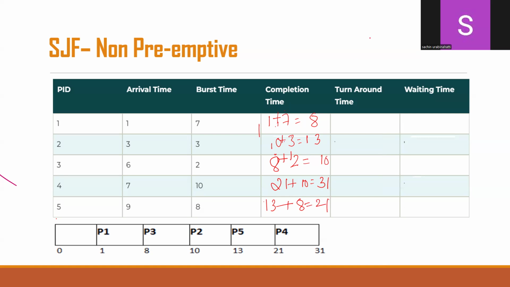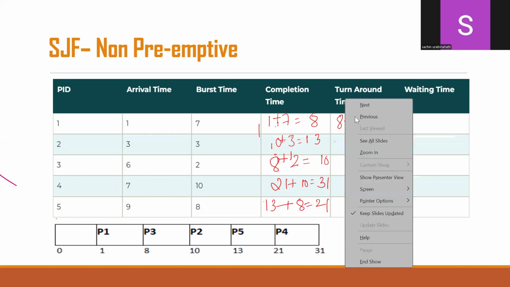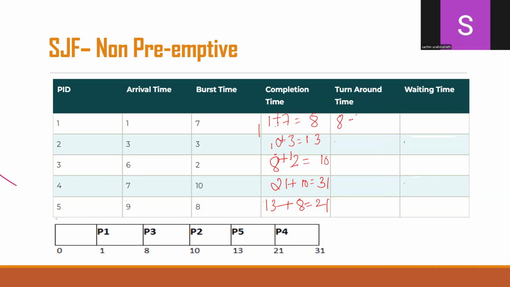So now if you have calculated the completion time, can you calculate the turnaround time? The formula is completion time minus your arrival time, right? So completion time is how much for this? 8. 8 minus arrival time, which is 1. 8 minus 1 is definitely 7, right?